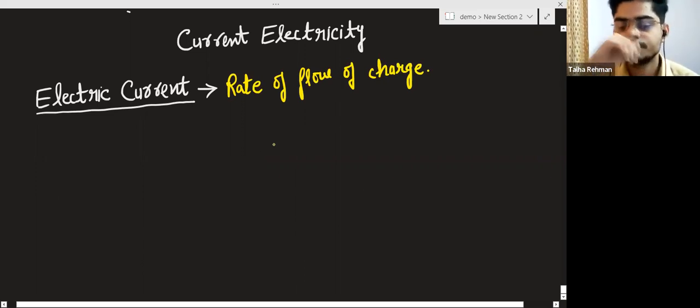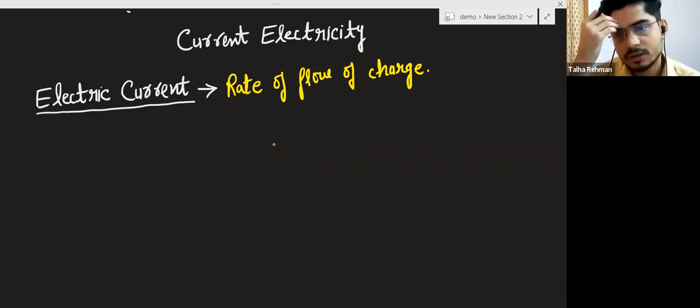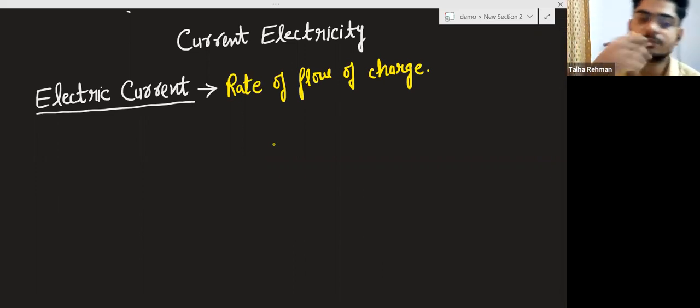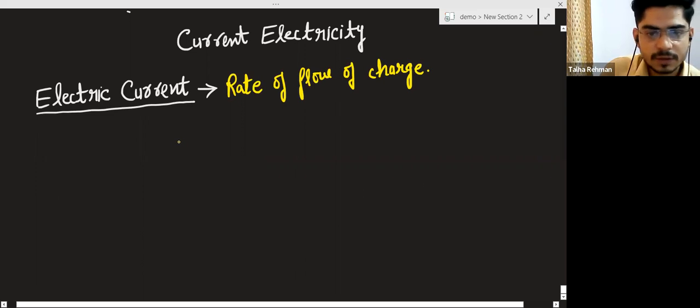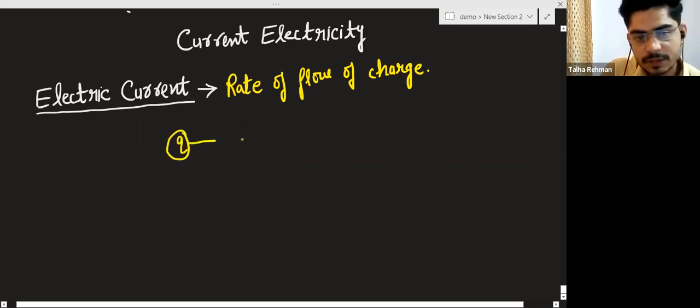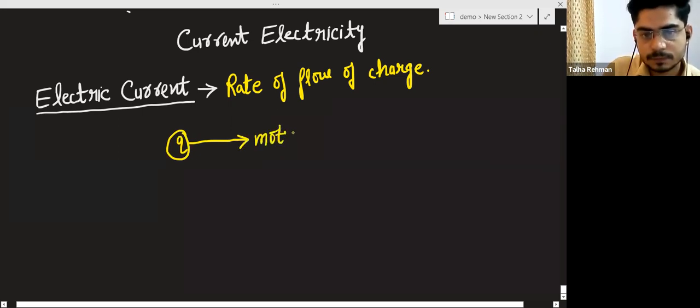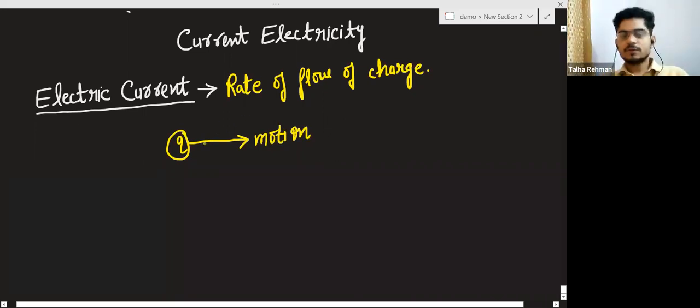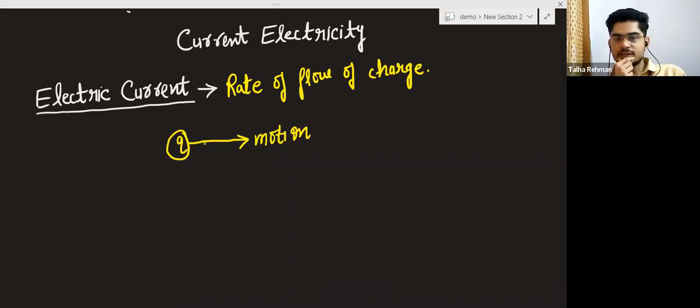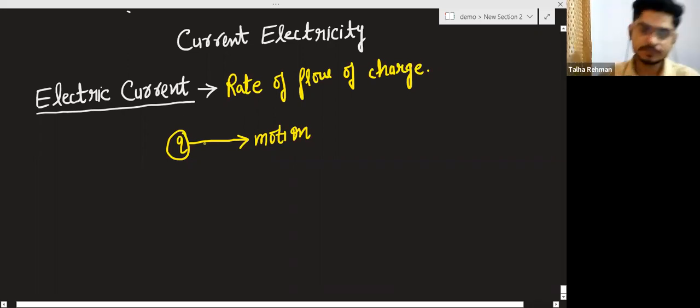If there is a charge and this charge is in motion, this charge generates the electric current.